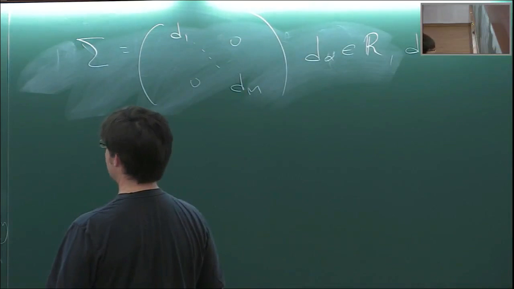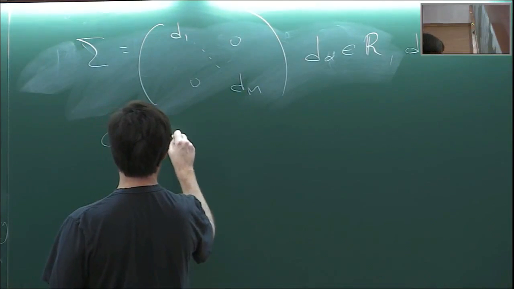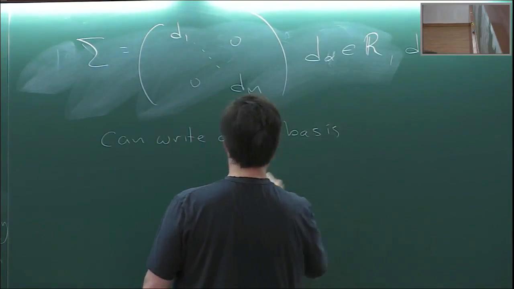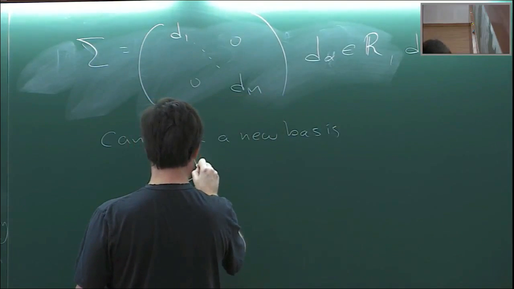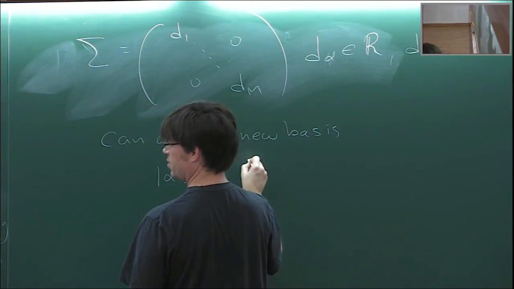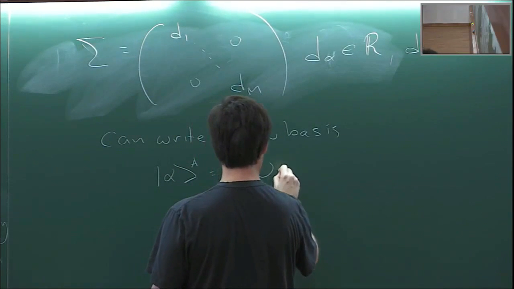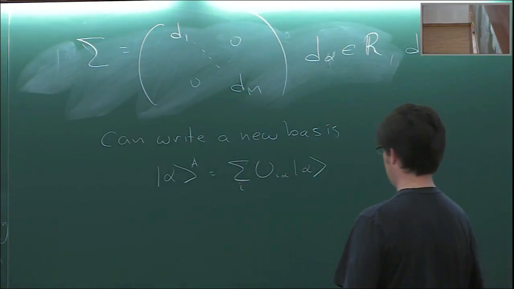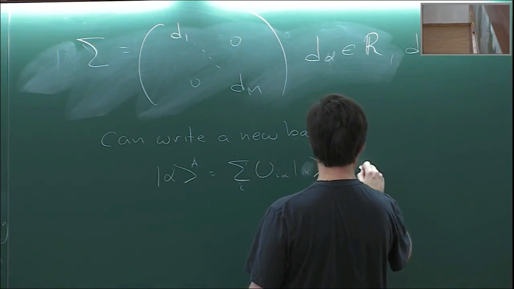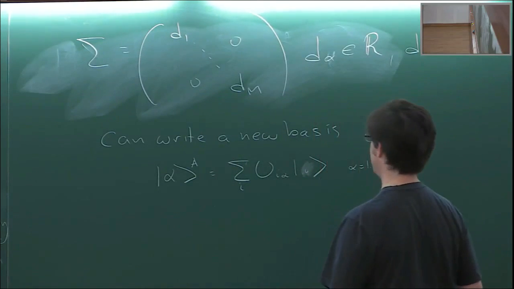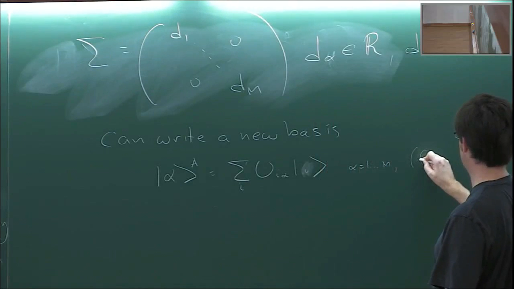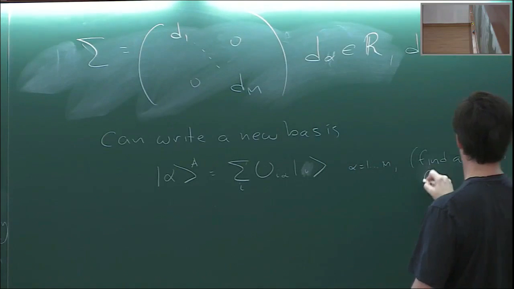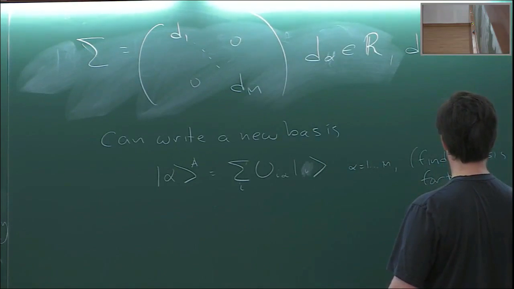And then in this case, I can write a new basis |alpha>_A, which is going to be the sum on i of U_i alpha |i>, for alpha equals 1 to m, and then I can find a basis for the orthogonal complement.